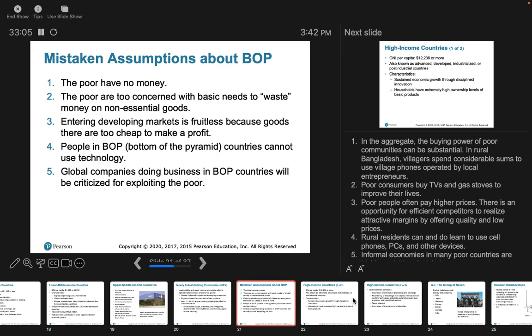The French fashion houses actually have their factories in Bangladesh because of the huge population there that can make clothes for their fashion brands in France.